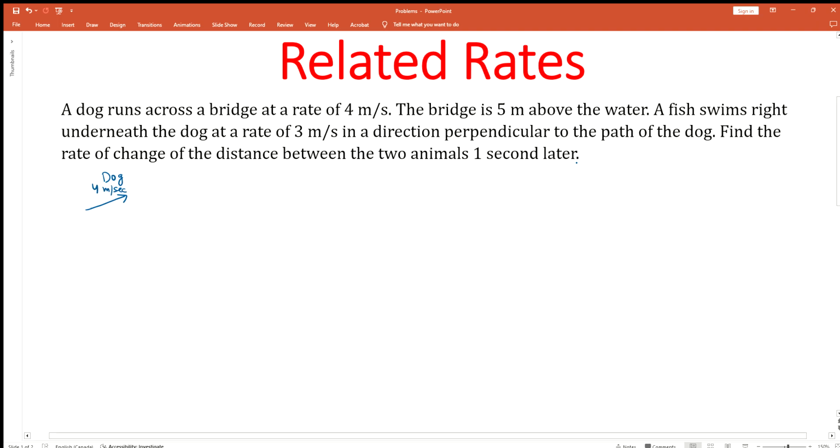The dog is on a bridge and the bridge is 5 meters above the water. A fish is swimming at a speed of 3 meters per second in a direction perpendicular to the path of the dog. Let's assume the fish is swimming in this direction at a speed of 3 meters per second.